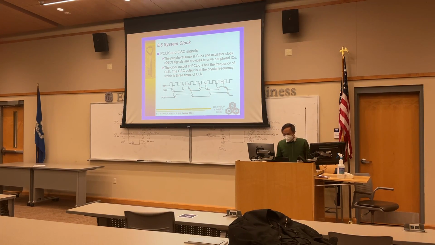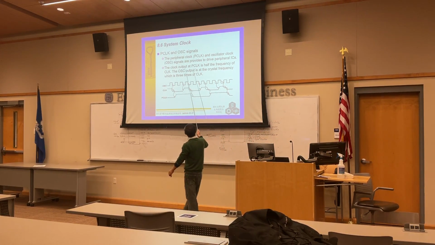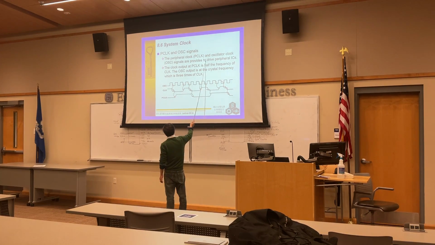And for the P clock and oscillation signals, typically we have this relationship. The peripheral clock and the oscillation clock are provided to drive the peripheral ICs. The P clock is half of the frequency of the clock, and the oscillator output is at a crystal frequency 3 times that of the clock. Okay? Any question?